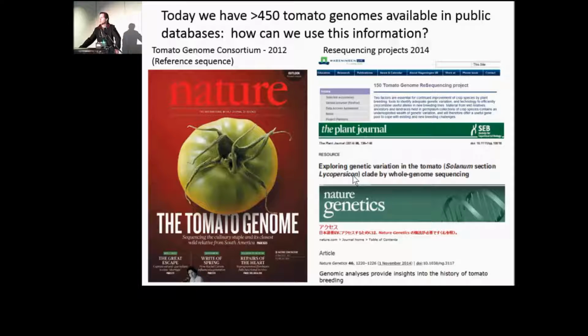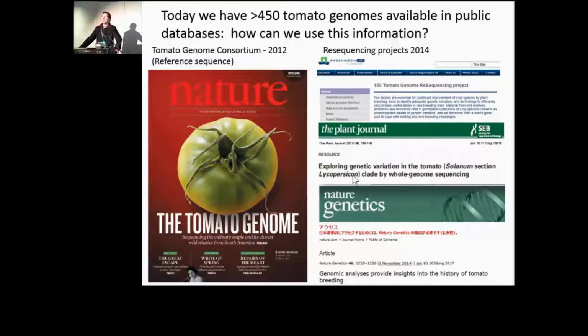At the same time, we're an academic program, and so we're meant to be doing discovery research that contributes to knowledge. This slide summarizes what I've been trying to do for the last 2 or 3 years, and that is to distill information from publicly available genome sequences to address some concerns or improvements that we would like to make.